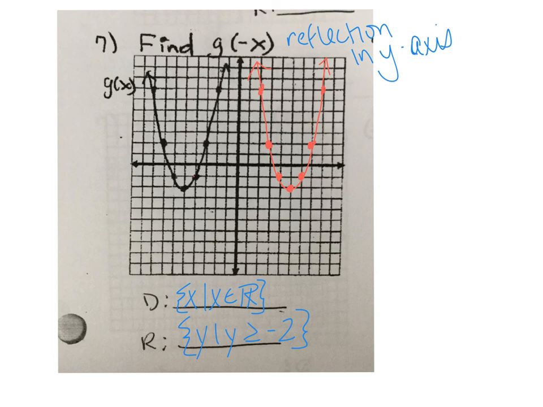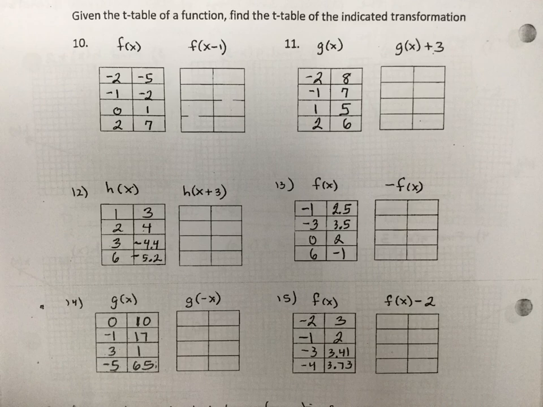So now I want you to finish the front side of the worksheet. Let's look at the back side of the worksheet. Given a table instead of the graph, can we write the new table? So let's first identify what the transformation is going to be. For number 10, f of x minus 1, which way is that?